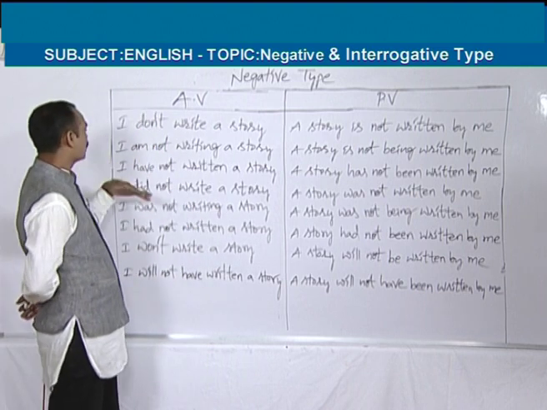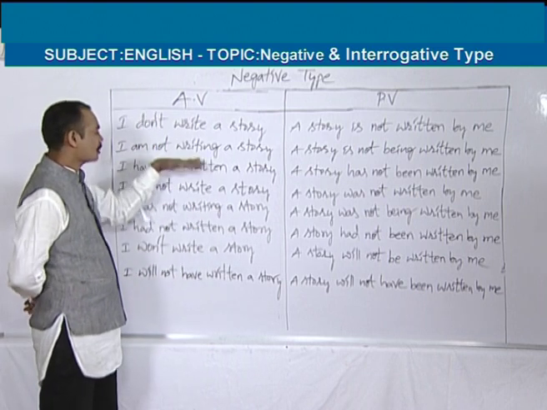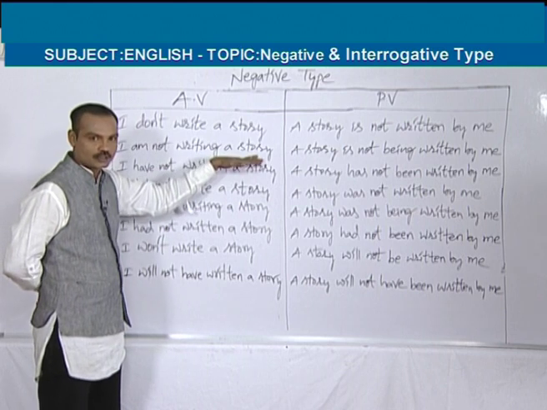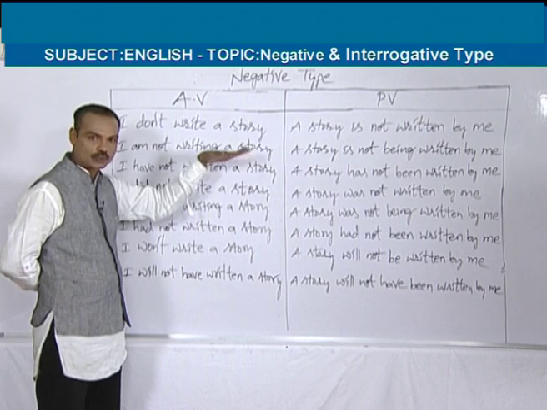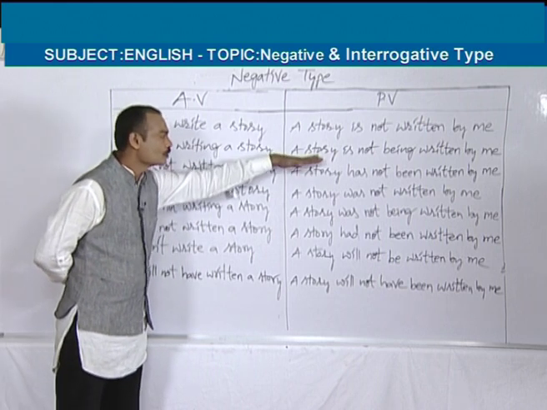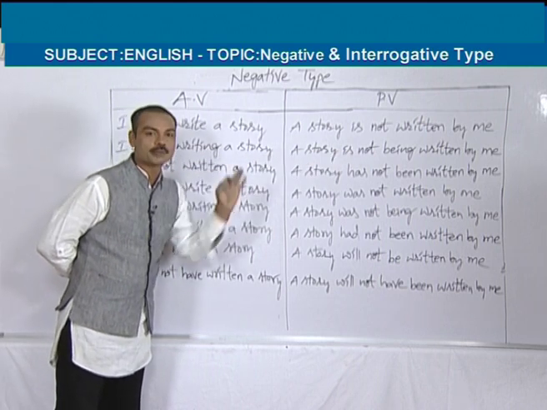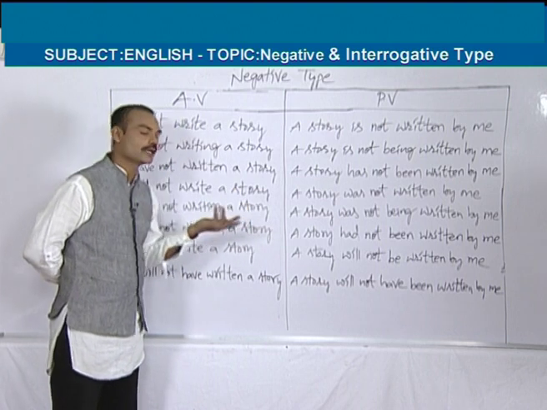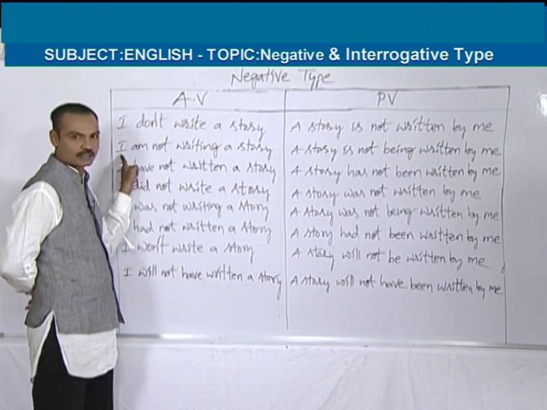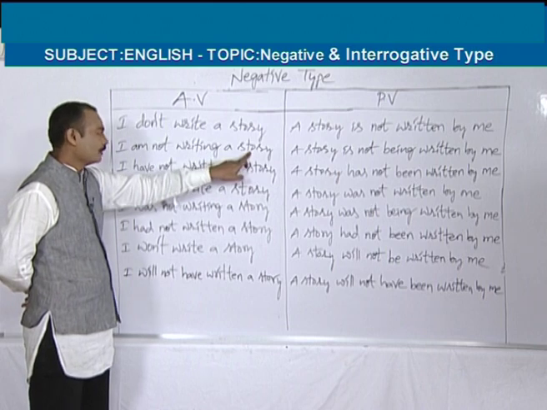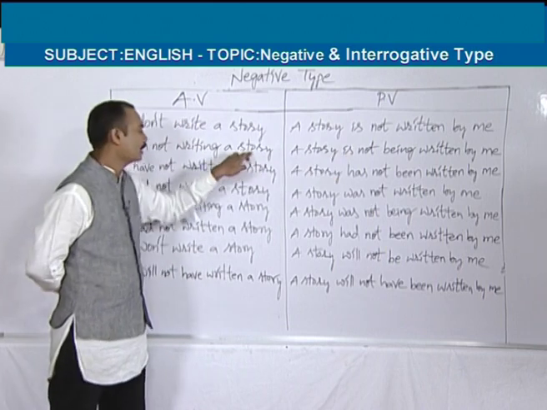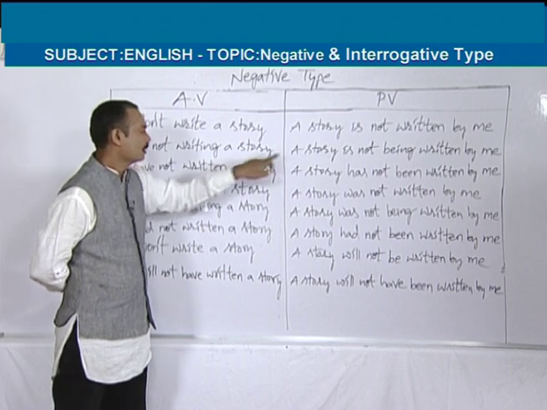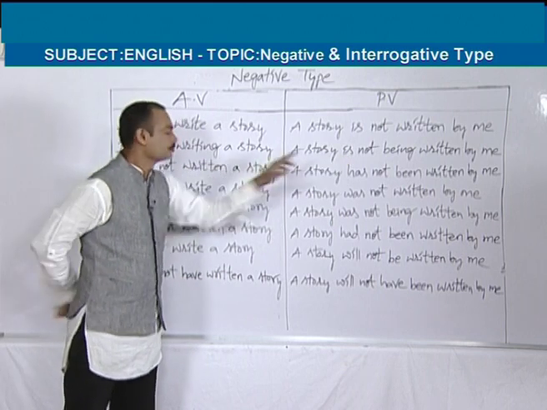For example, plural: Sarita is not writing stories. Different subject with plural object. Answer is: stories are not being written by Sarita. So like that you can take any subject, friends. If you find a singular object, is should be taken. If you find a plural object, are should be taken.